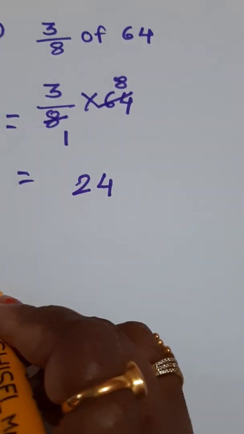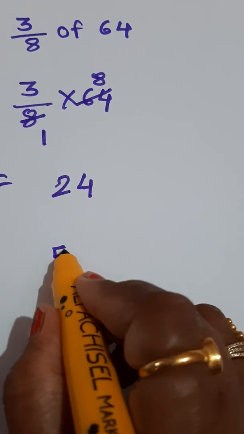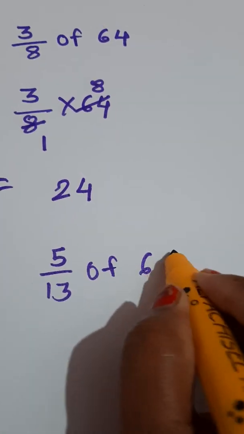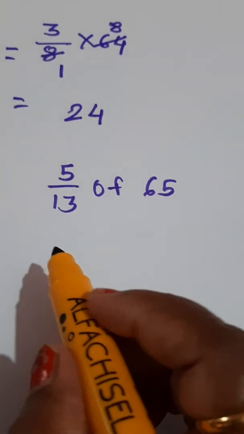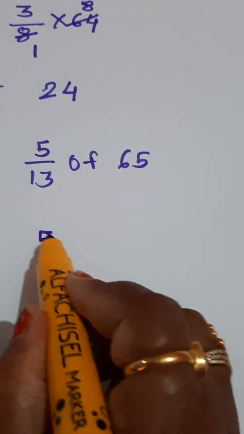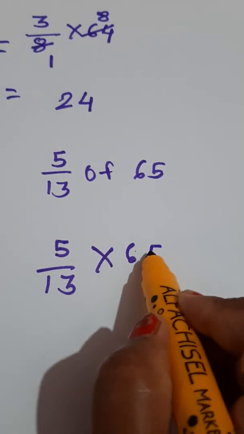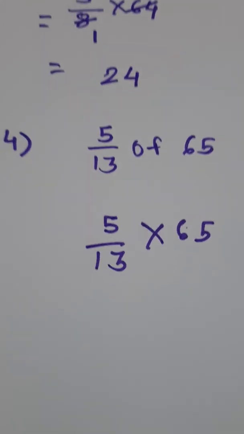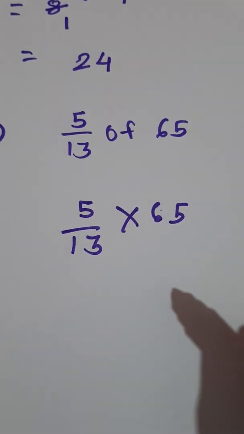And the last example from this problem set is 5/13 of 65. Very simple. Using the same way, you can solve 5/13 into 65. You have to learn the tables. If you learn the tables, you find these calculations very simple.